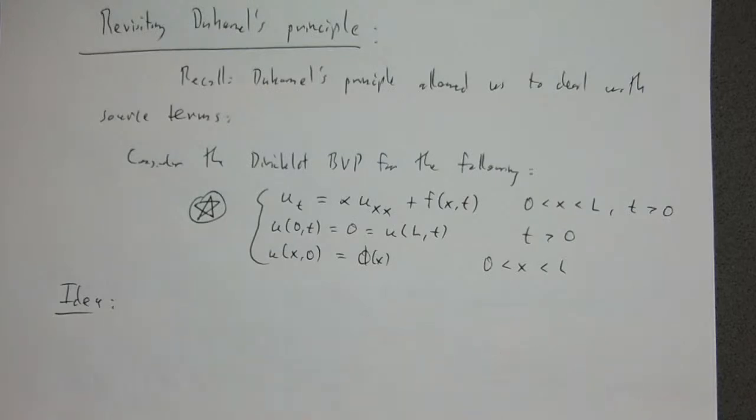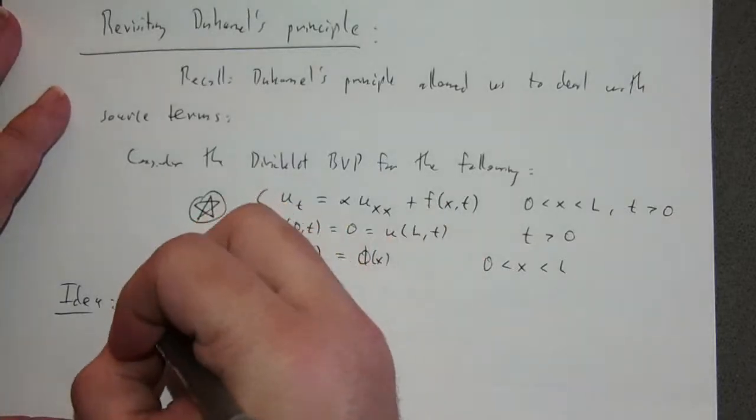The idea, though, is the same as before, which is that I use the fact that this is a linear equation, and I use superposition to say what I can do instead is solve the completely homogeneous problem, in the sense that even the initial condition is 0, and then add it to a solution where I don't have a source term.